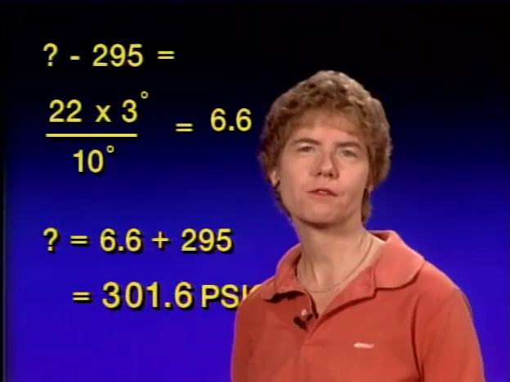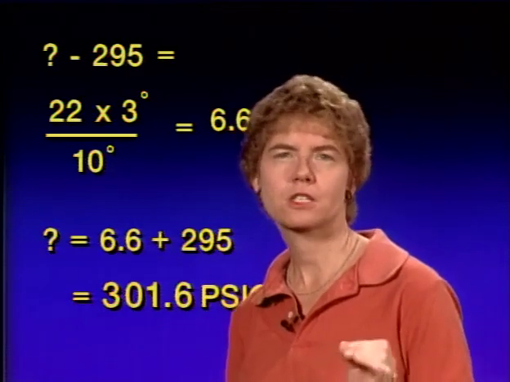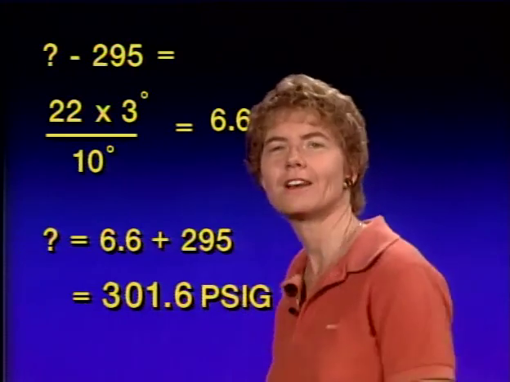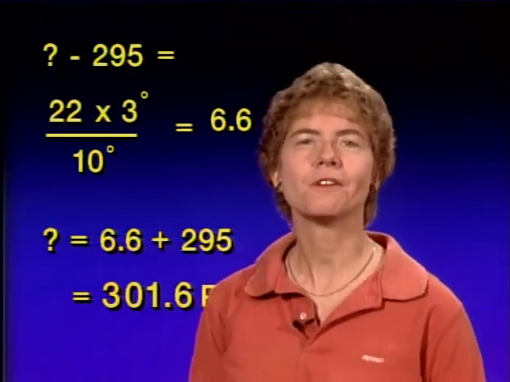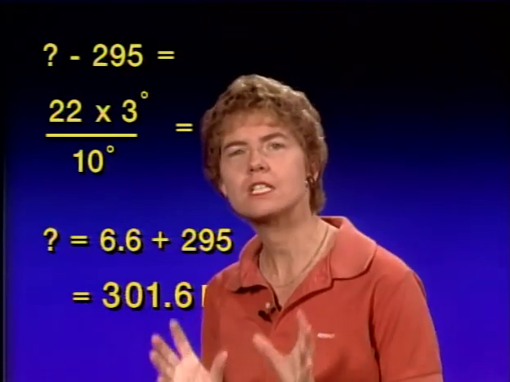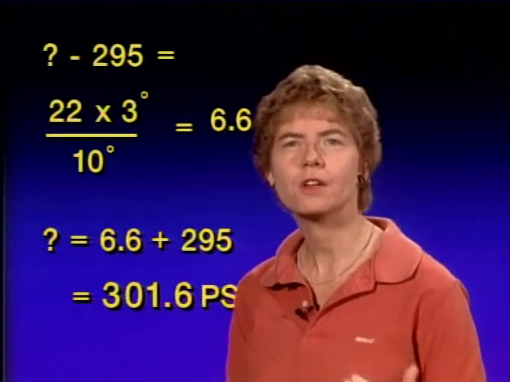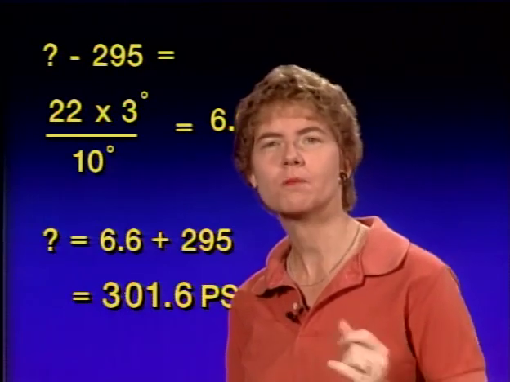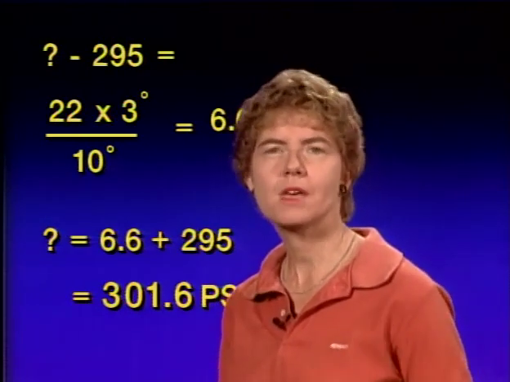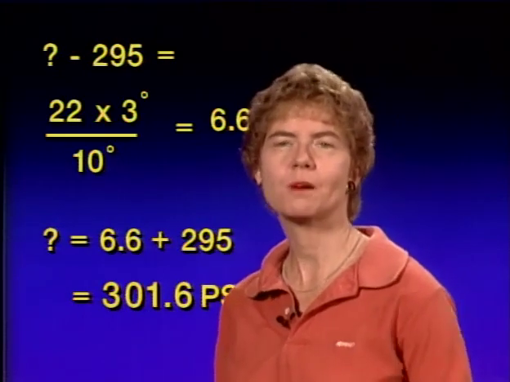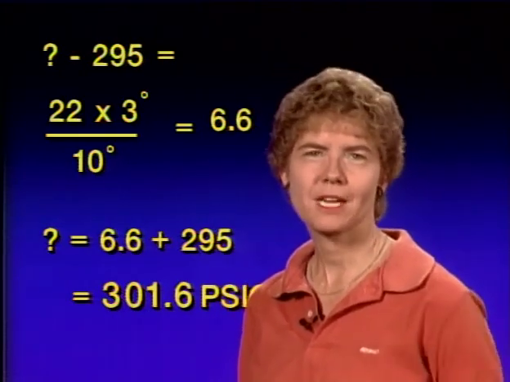So at 33 degrees, the maximum pressure that we could have is 301.6, and we could round that off to 302. So the acceptable pressure range, if you're given a temperature of 33 degrees Fahrenheit, is a minimum of 215 psig to a maximum of 302 psig.